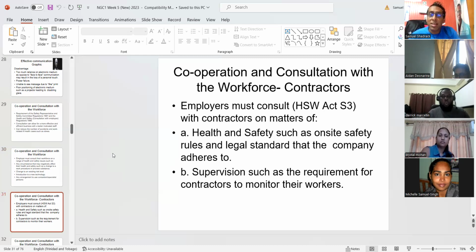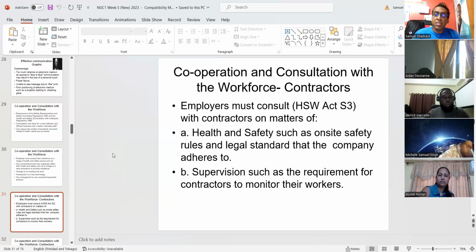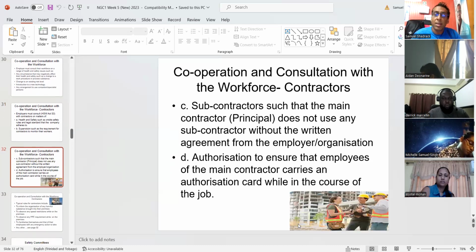All right, consultation and cooperation with the workforce. Employers must consult with contractors. You could find some of this in your book, I guess. On matters of health and safety, such as on-site safety rules and legal standards that the company adheres to. Employers must consult contractors on any supervision, such as the requirement for contractors to monitor their own workers.